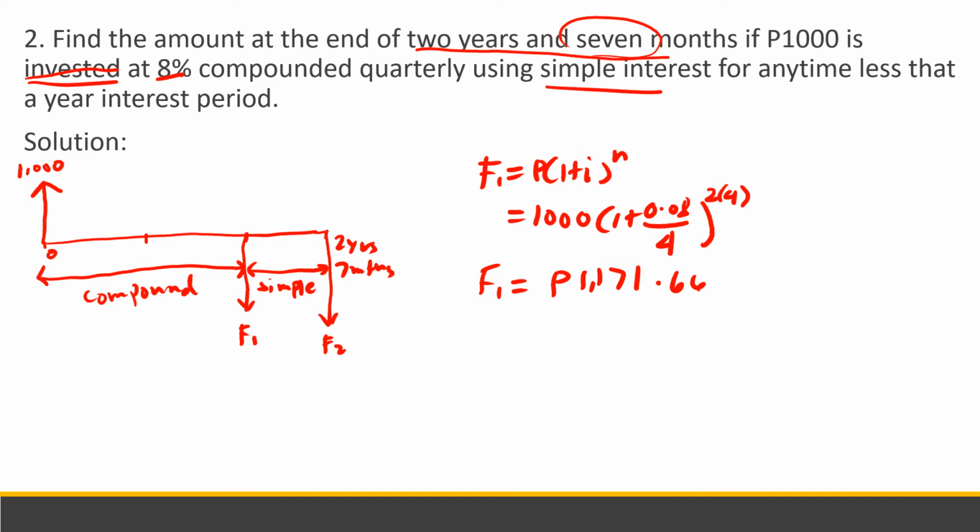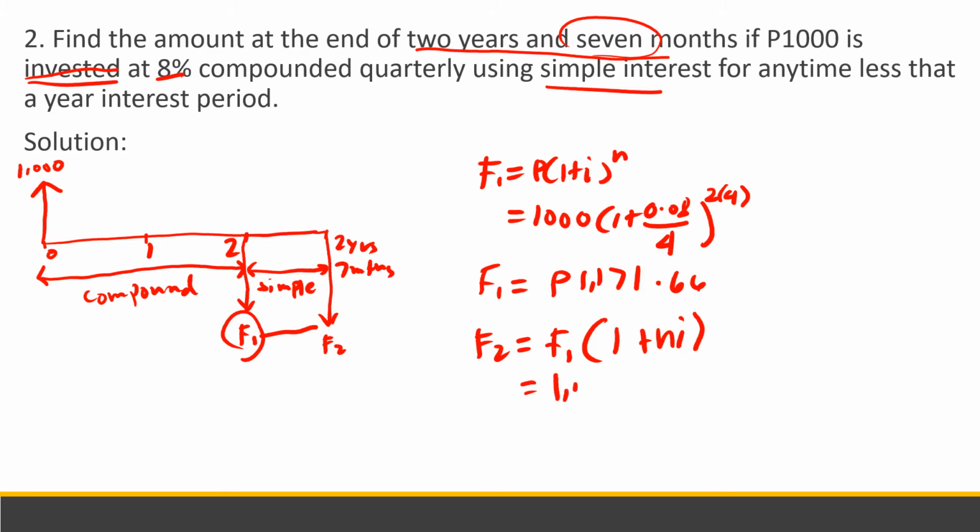So yung 1,000 pagdating ng 2 years magiging F1 na siya. So in finding F2, our principal, so yung F1 na naman is i-convert, i-move natin papuntang 2 years and 7 months. So that will become F2. So principal natin ito is F1 times 1 plus NI. Simple interest is 1 plus NI.